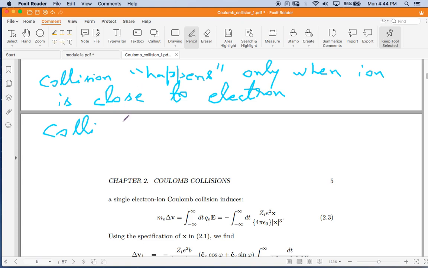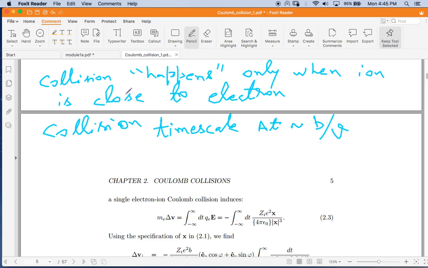my handwriting was never very good, but in this particular case, it's turning out to be a little worse. So the collision time scale delta t is something like b over v.